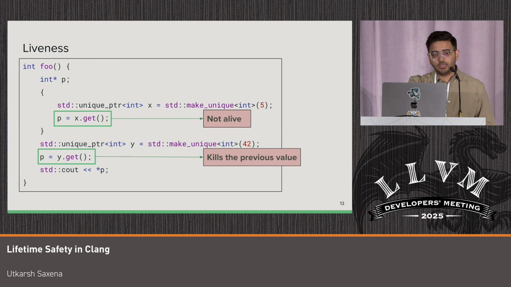So in the upper highlighted part, we say that the pointer p is not alive, and in the latter part, p equals y.get, the pointer p is alive because there is a subsequent use of that pointer. And there is no use of the pointer's value where p aliases x. So the latter is alive, the previous not alive.